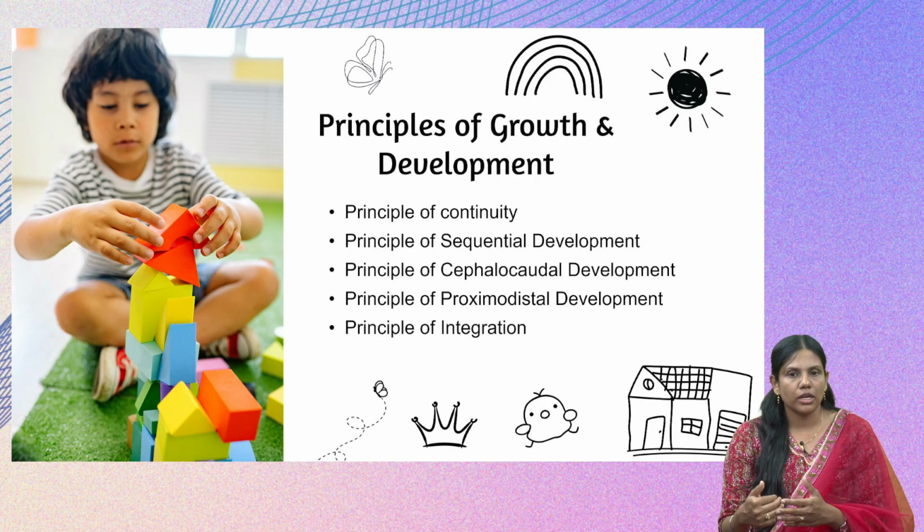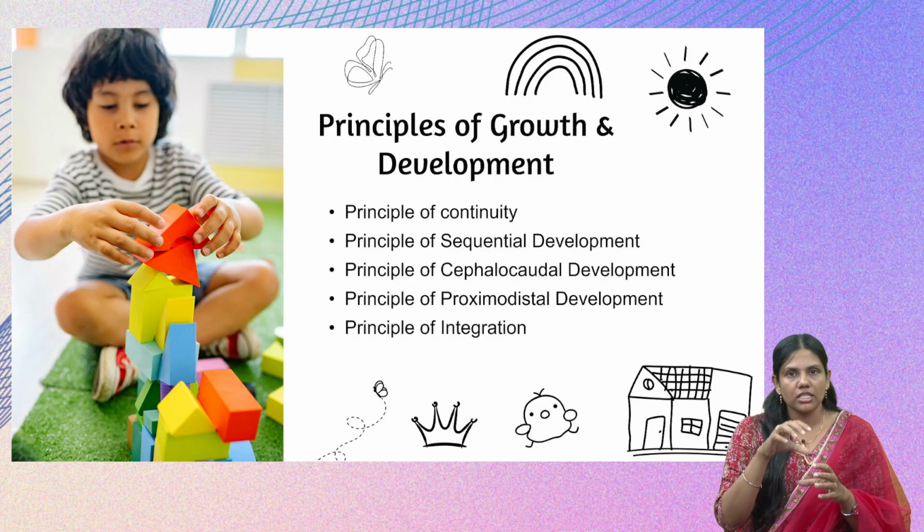Then the principle of sequential development. Sequential means in a particular order. For example, the newborn baby may not start talking or making sentences. Before talking words, the baby first babbles or makes small sounds. Then the baby says small words.